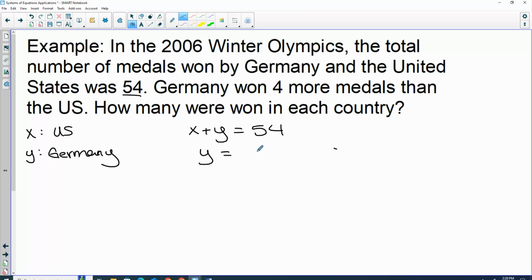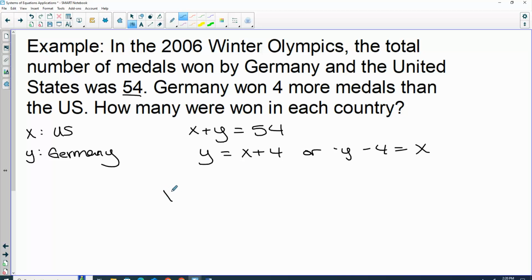Okay, two options I heard. I heard y equals x plus 4, and I heard y minus 4 equals x. Are those the same? Yep, so it doesn't matter. Either one will get us there. All right. Now what do we need to do? Solve it. So this one is set up, let's do substitution, just for fun.